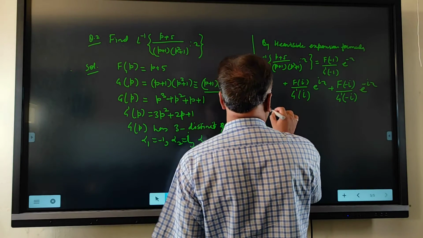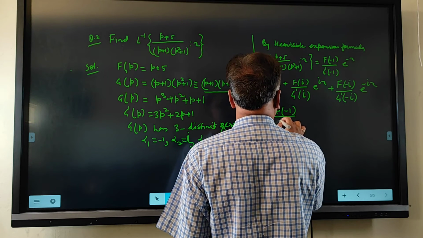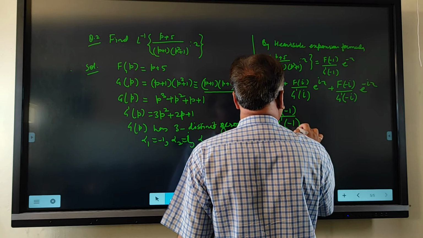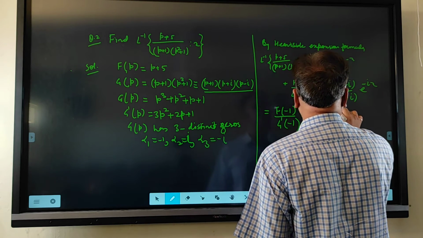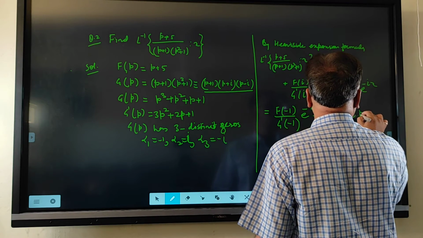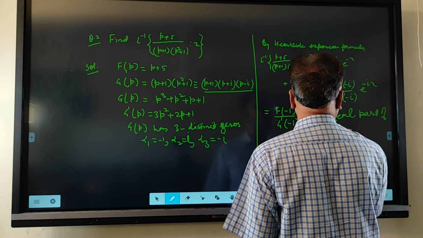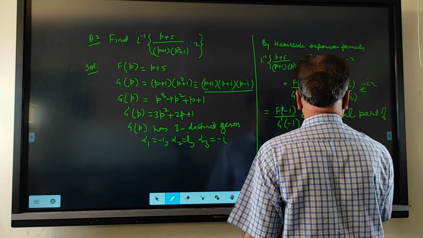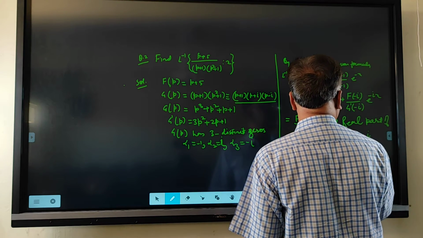Or we can write this as F(−1) upon G'(−1) e^(−x) plus twice the real part of F(i) upon G'(i) e^(ix).